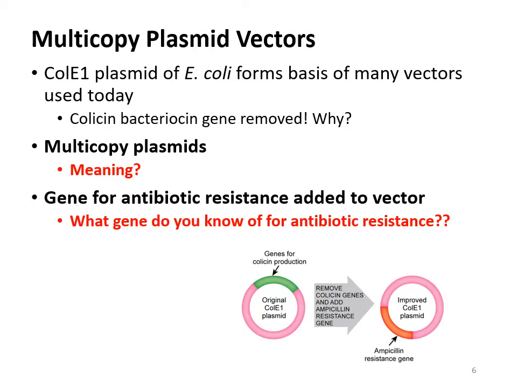So you've done this kind of transformation in multiple of your classes, most likely by now. So keep in mind when you think about plasmid vectors, remember that the original one was from E. coli, and they had to remove the colicin gene and add in the beta-lactamase gene. And understand why they wanted that beta-lactamase gene in there.